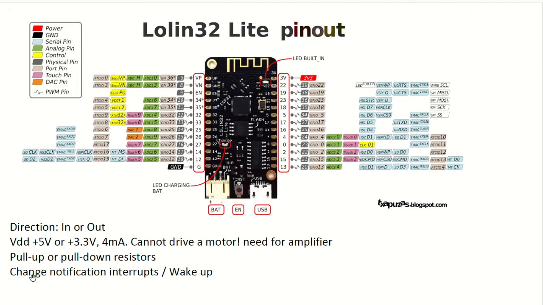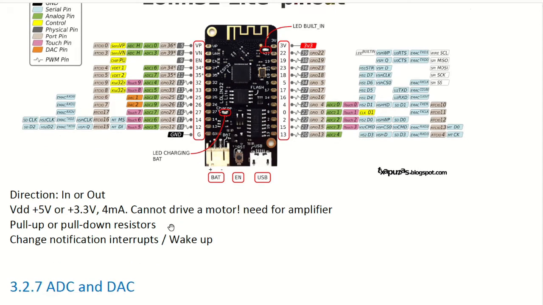Also, many of them have change notification interrupts, so you can interrupt the microcontroller and start an interrupt service routine that can execute a certain code when there is a change on this digital line. It can also wake up the microcontroller if you put this chip into sleep mode or idle mode, and it resumes its program.